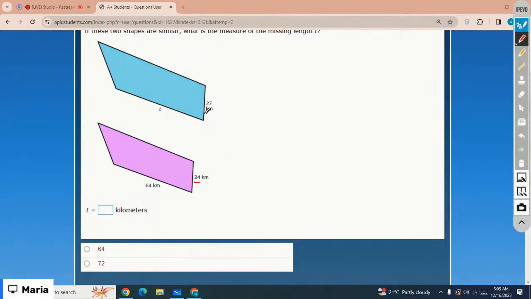Just look at the similar sides. 27 and 24 kilometers are similar, and T and 64 are similar.